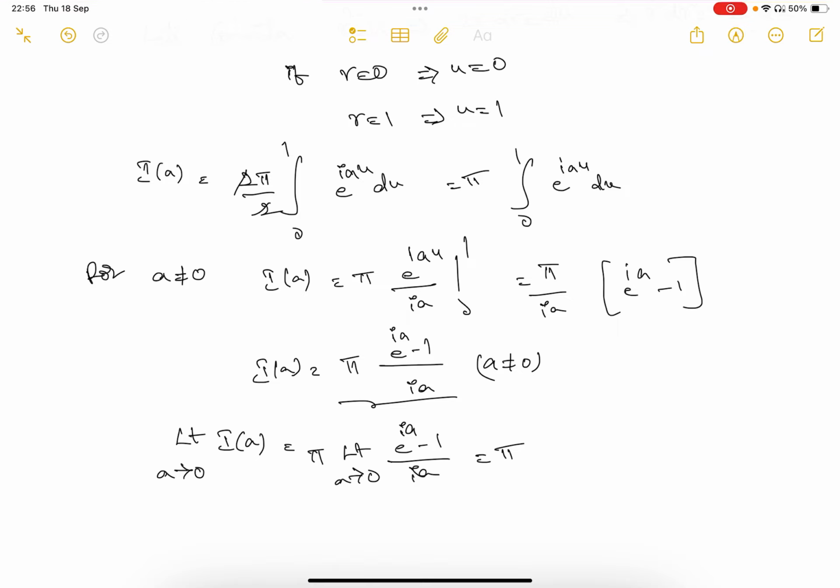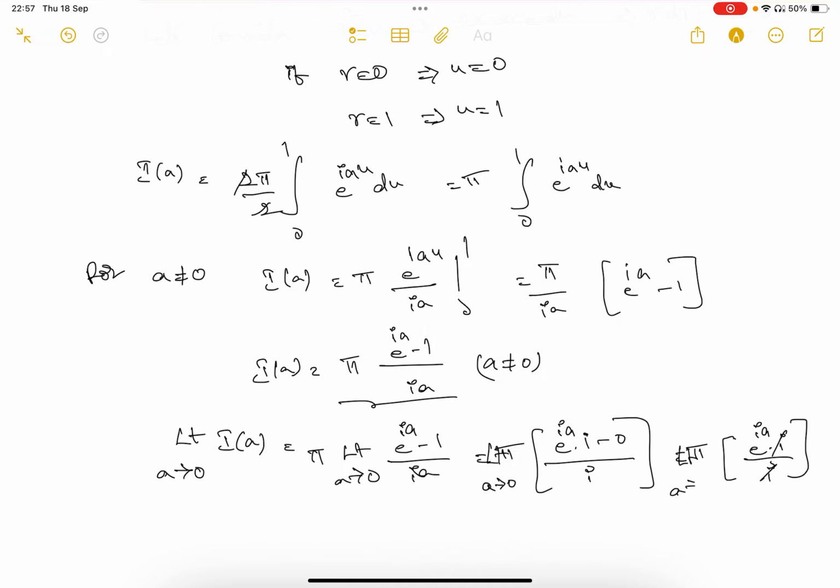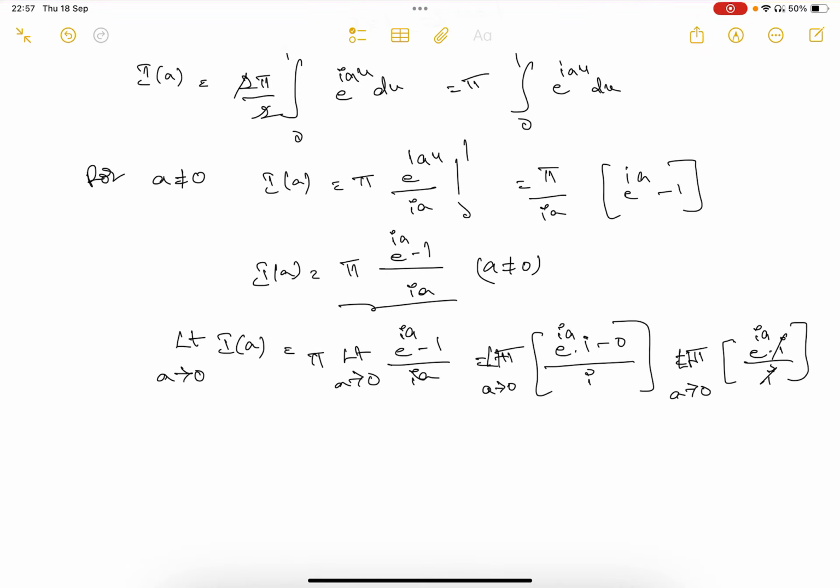Then this will be pi into e power ia into i minus 0 by i, which is pi into e power ia into i by i. This will get cancelled. Sorry, there is limit a tends to 0. When a tends to 0, this will be pi into e power 0. E power 0 is 1, then this will be pi.